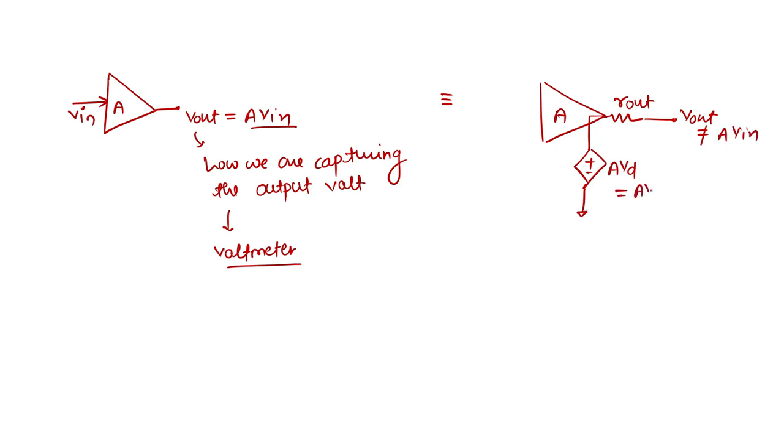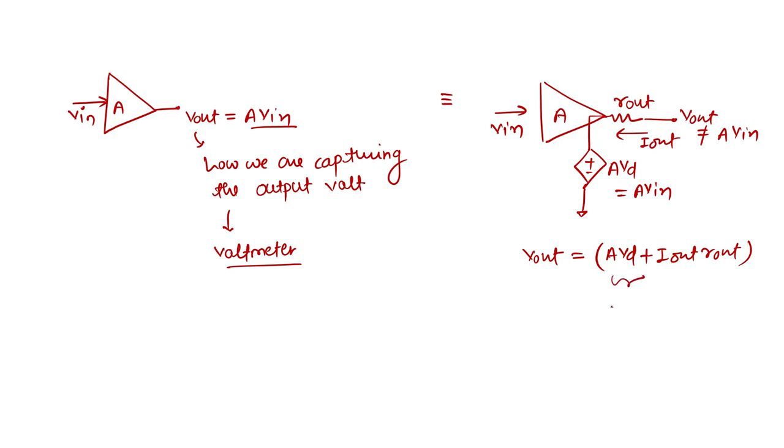VD I also call V in. It is not equal to that, because due to some finite output current I out, V out is nothing but A VD minus I out R out, or plus I out R out. Well, it is not exactly what I want.